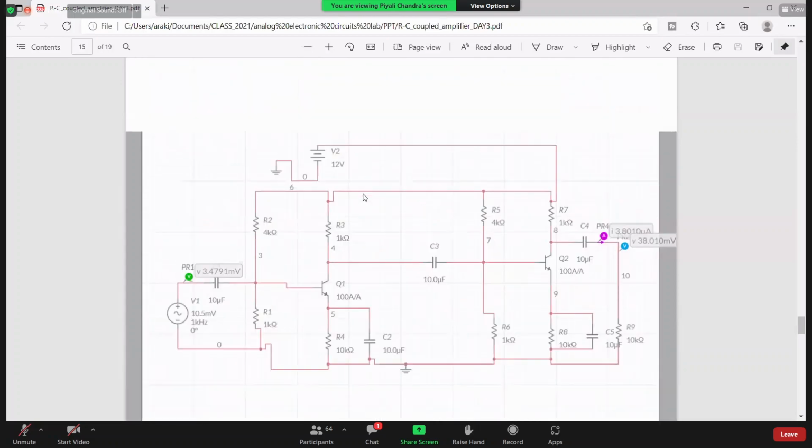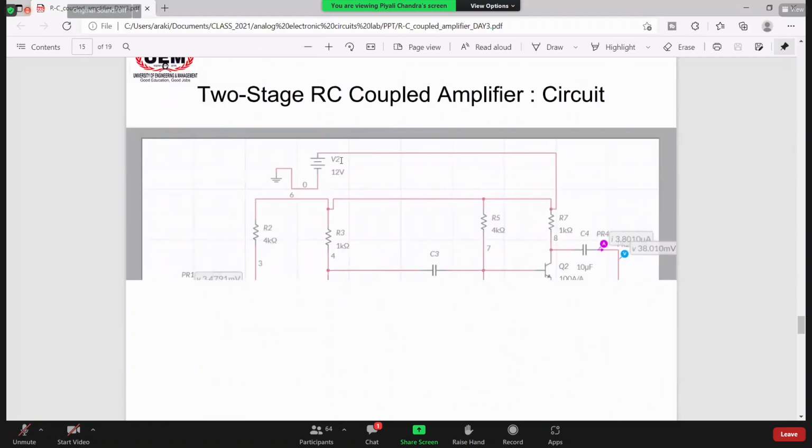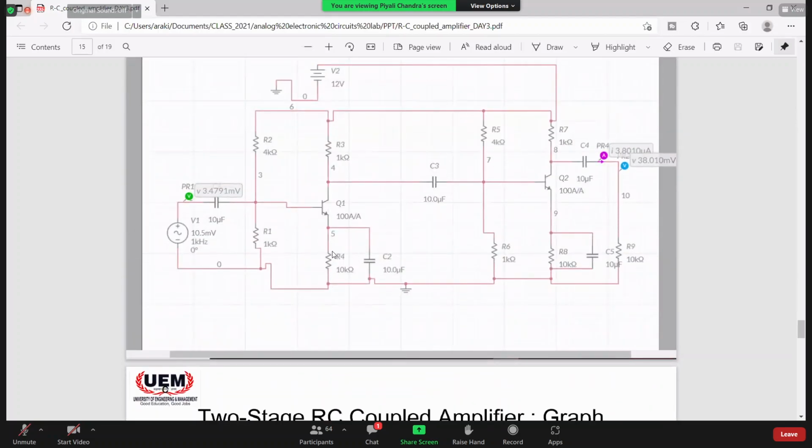This is the transistor you all know. The second one is RE. RE means emitter resistor. Every transistor has a unique operating point, and the emitter resistor is used to stabilize the operating point of the transistor. That means here this R4 is RE, right?